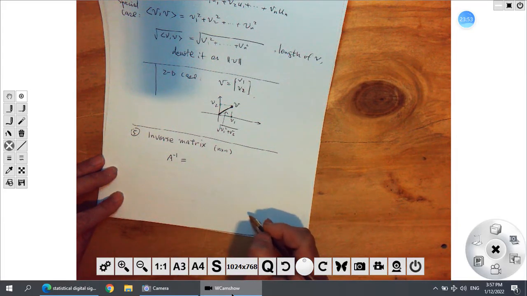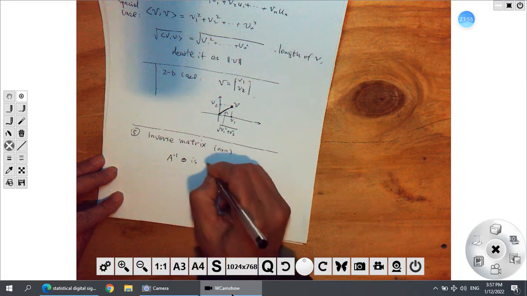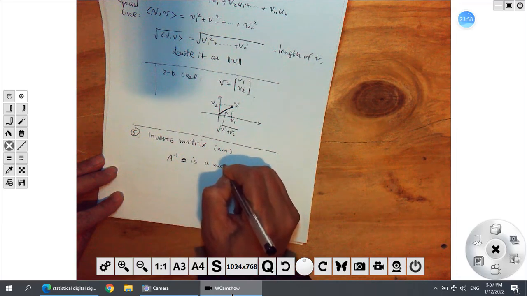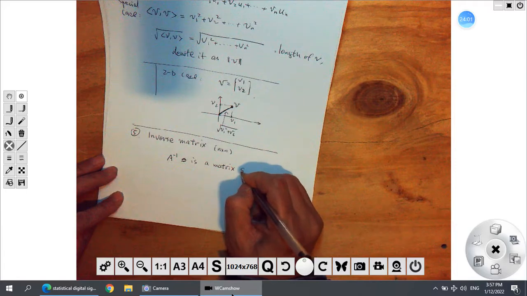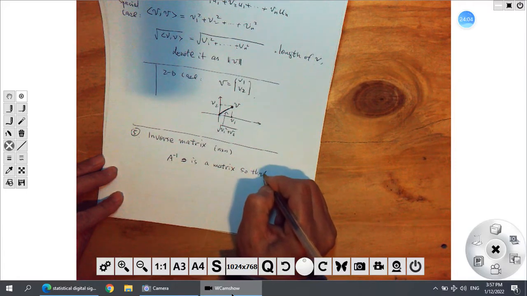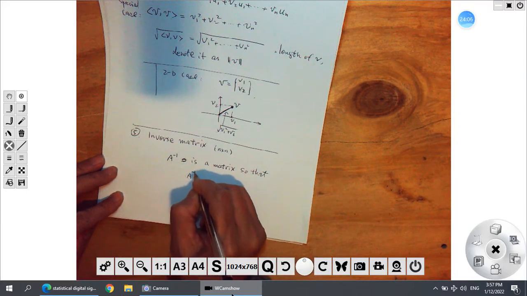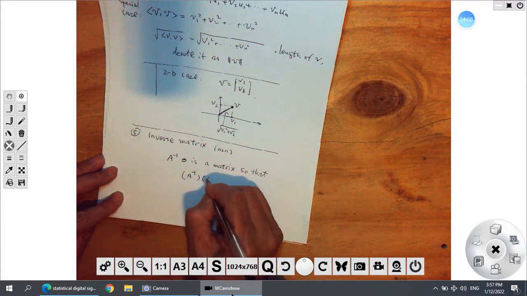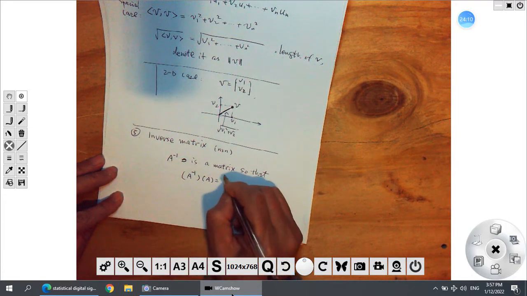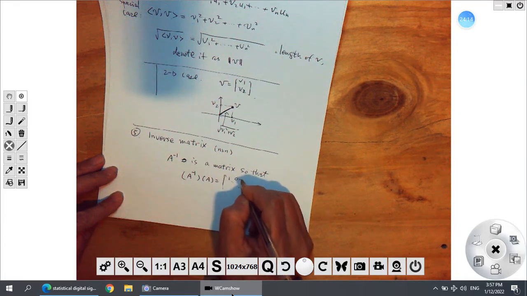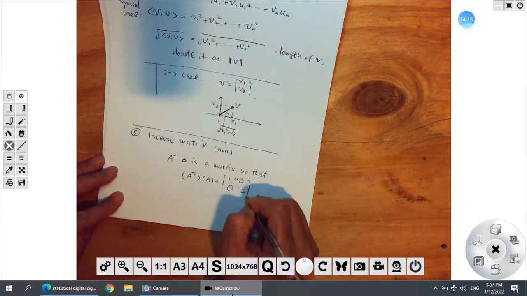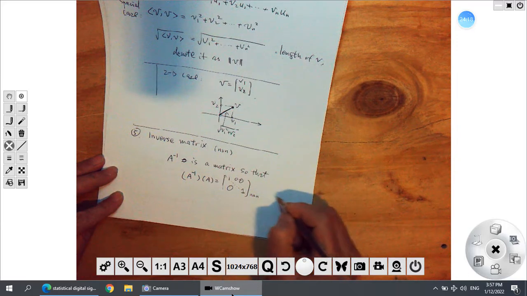A inverse is a matrix such that if I use A inverse times A, I will get 1, 1, and all the other elements are zeros. N by n. It's a unit matrix.